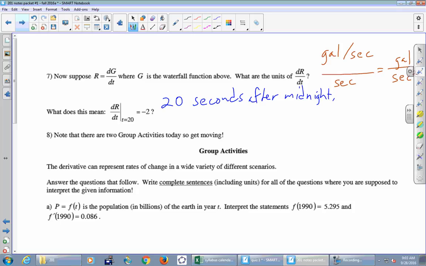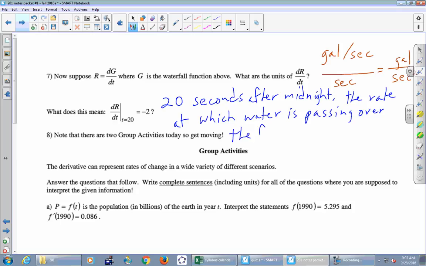Because even though that's exactly the appropriate word here, we might have context where we don't have one. 20 seconds after midnight, the rate at which water is passing over the falls decreases by 2 gallons per second every second.